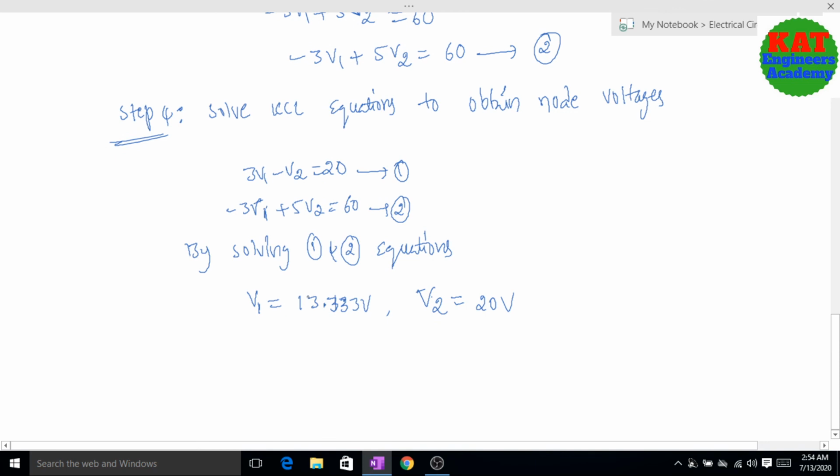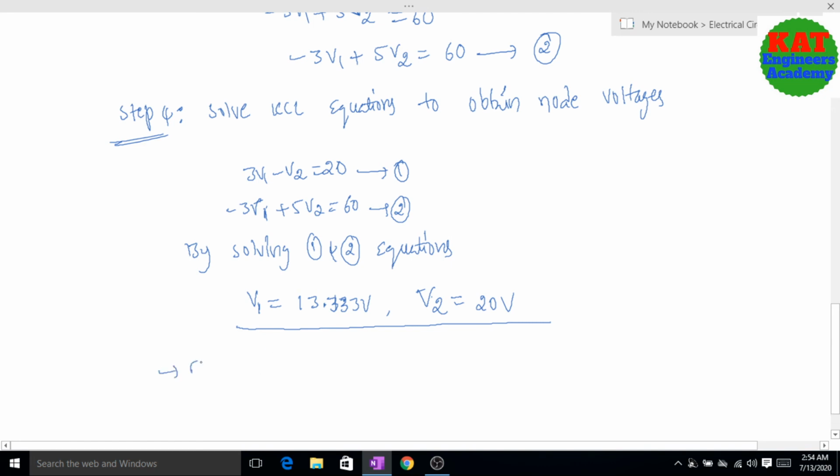Okay friends, finally like that you have to solve the problem. We are obtaining the node voltages. Using these node voltages you have to calculate the currents in the 2 ohms resistor and the 6 ohms resistor.